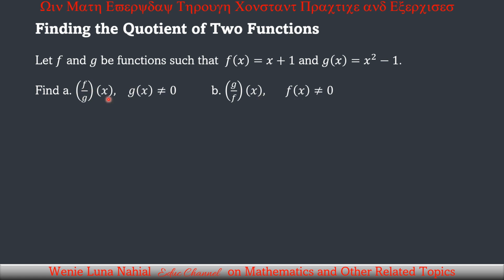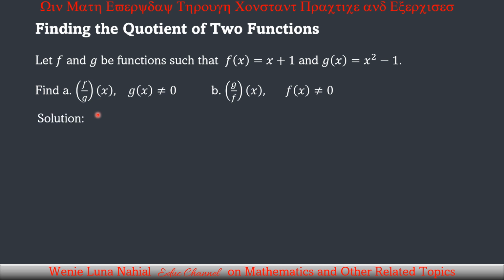We have these two problems here because we want to see if division of two functions is commutative. So let's find out if there is commutativity in the division of the two functions.